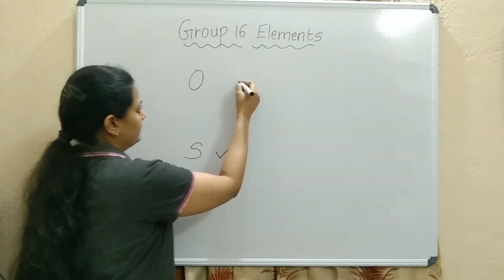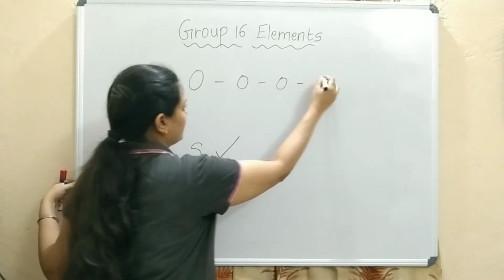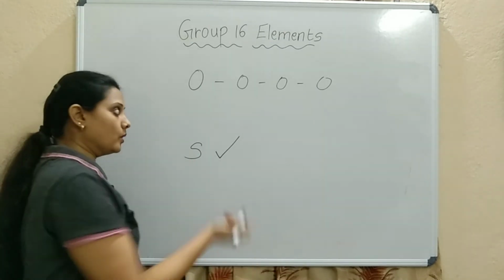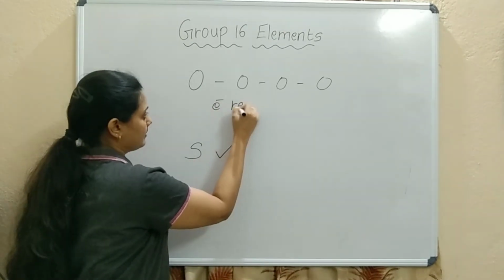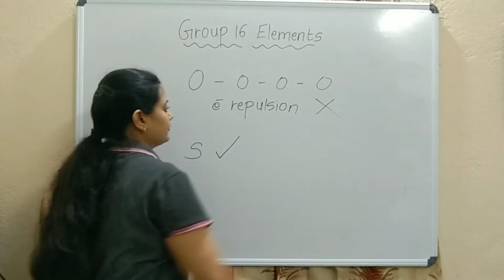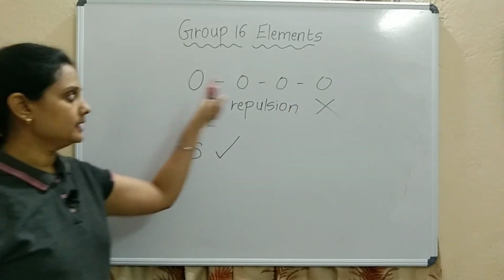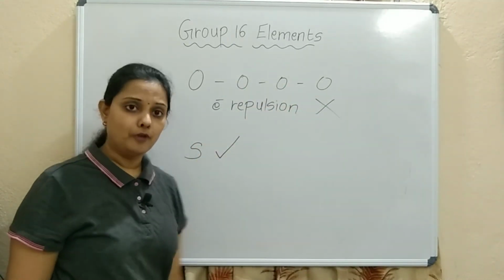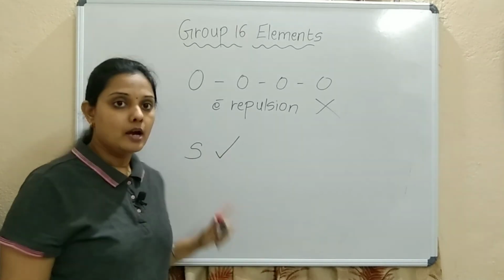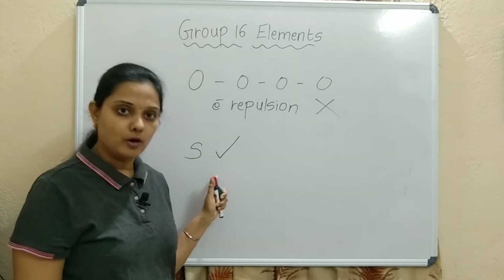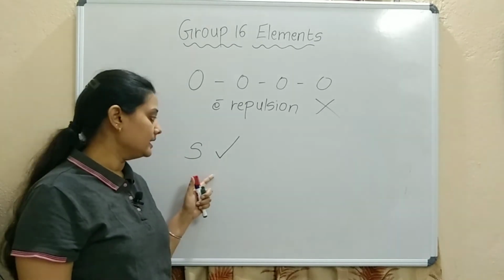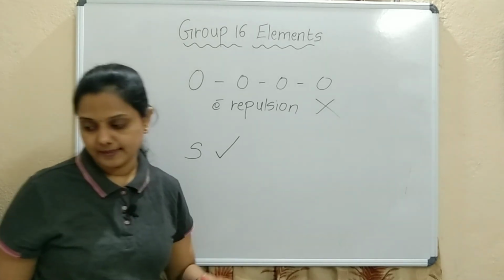Why? Because in oxygen, if they go on adding, the size is small, electron density is more, so what will happen? Electron repulsion is taking place. Because of that, oxygen bonds cannot be formed. So catenation is not possible in case of oxygen, but sulfur can form the bonds because repulsion is less, because of the size.